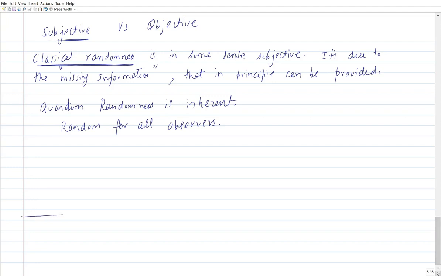Let's take the setup again. I have a photon, an incoming photon, to a 50-50 beam splitter.